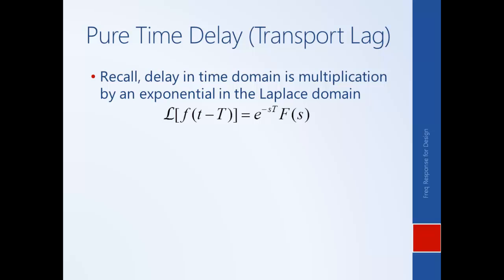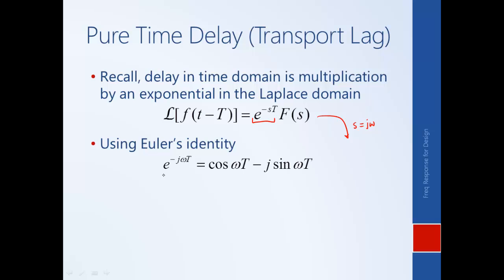But if we want to consider the frequency response of a pure time delay, something like this, then the way that we do it is we substitute j omega for s. And then we can use Euler's identity to rewrite that exponential with j omega substituted for s in terms of a sine and a cosine. So this is our pure time delay with j omega substituted for s.